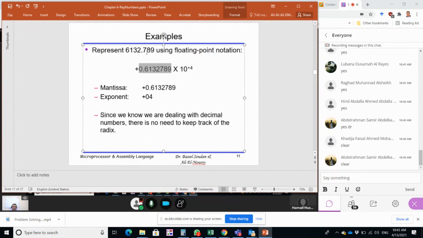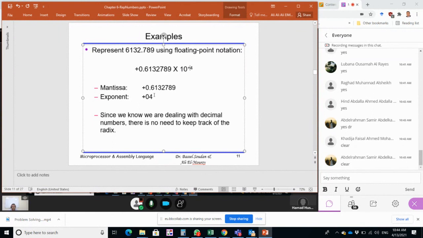In all fraction, this number actually requires the storage of 7 digits for the mantissa of that number, and only 1 digit is needed for the exponent of that number, which is 4.